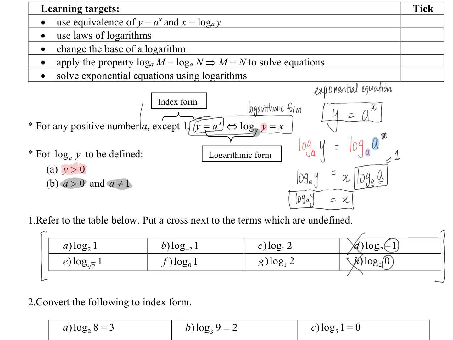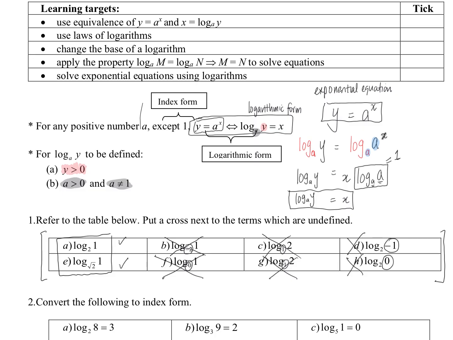Then you look at the rest. B is out because this one cannot be negative. This one cannot be 1, so also out. This one must be positive, so this one is also out. So the only two valid ones are these two. This is just telling you which one is an invalid function.